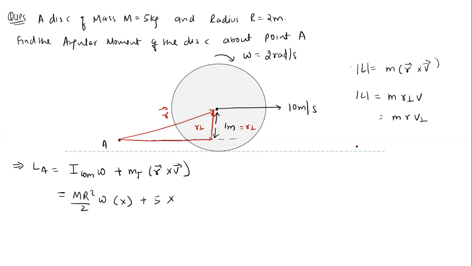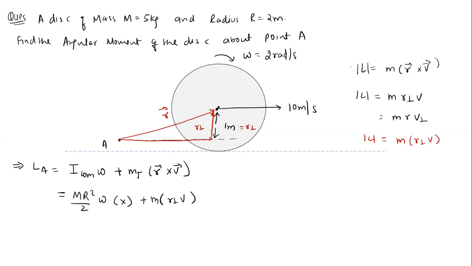So can I write like this? The angular momentum of this body will be equal to total mass into r perpendicular into v. This formula we can use here. Total mass is 5. R perpendicular into v. Now we substitute the value here. Now the direction of this angular momentum.